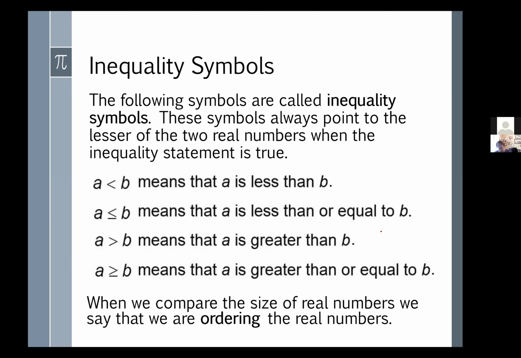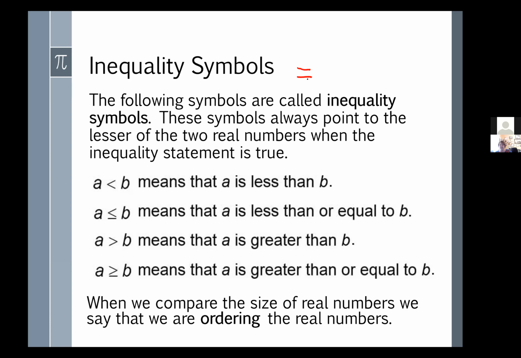Okay, we are going to discuss this again in the 1230 period because we're going to actually start graphing these on a number line and then looking at interval notation. But we have 4 inequality symbols. Now, you know what equals looks like. Equals looks like this.